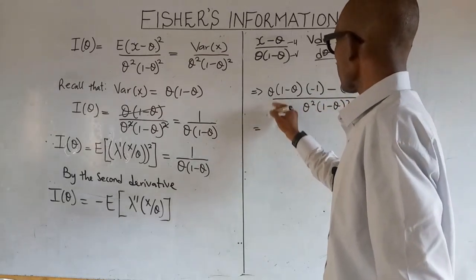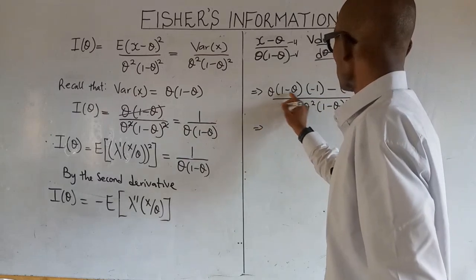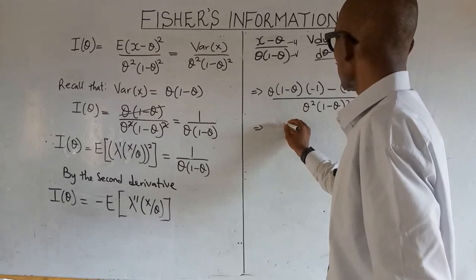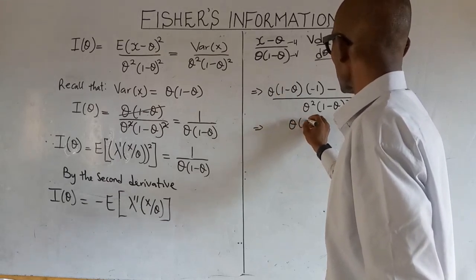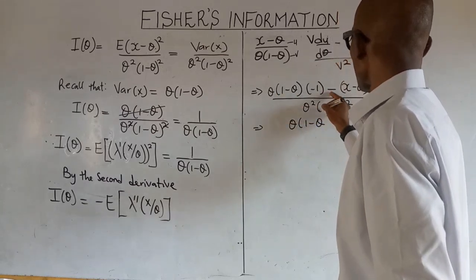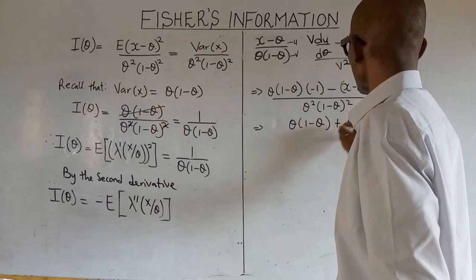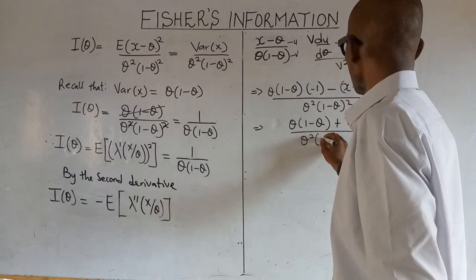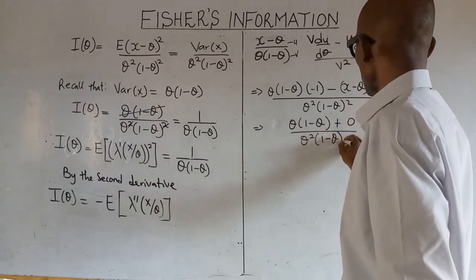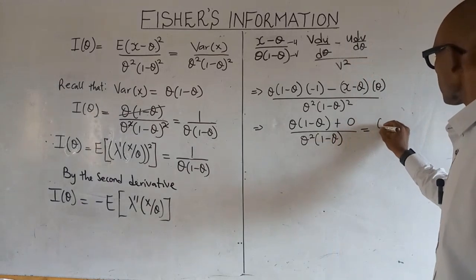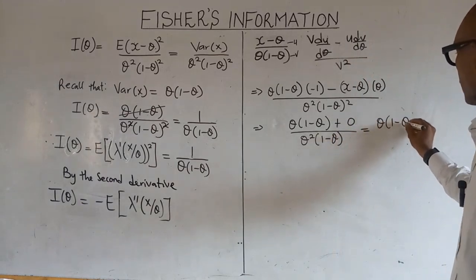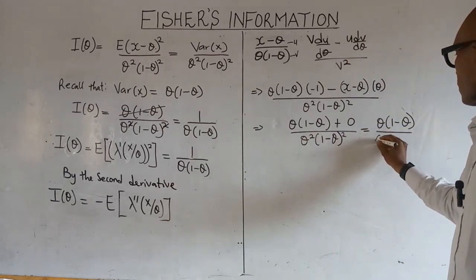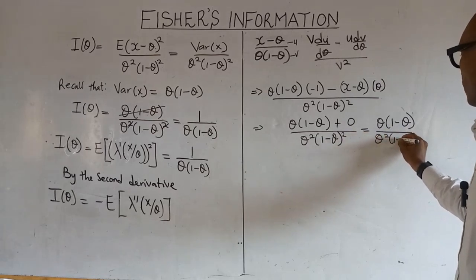So it implies that we have this as theta times 1 minus theta plus 0 all over theta squared times 1 minus theta squared, which implies theta times 1 minus theta all over theta squared times 1 minus theta squared.